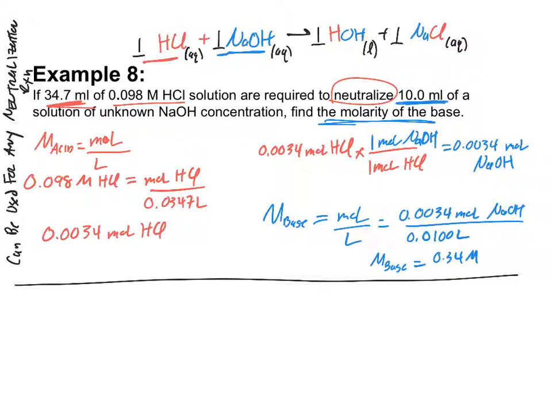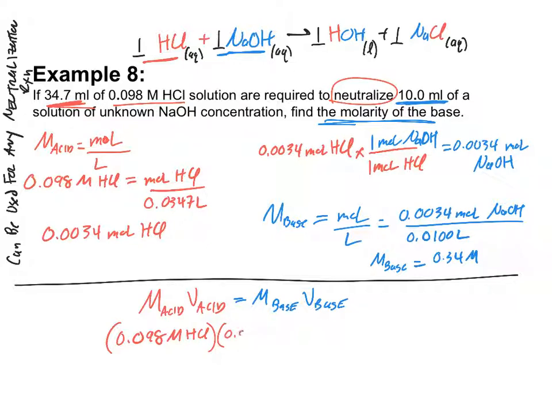All right. Now, in order to show you the other way to use this, the titration formula says molarity of acid times volume of acid will equal molarity of base times volume of base. So in the given problem, we knew the molarity of the acid to be 0.098 molar HCl, and the volume of the acid to be 0.0347 liters.